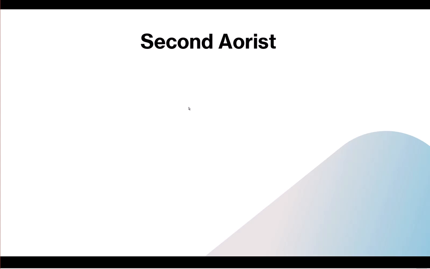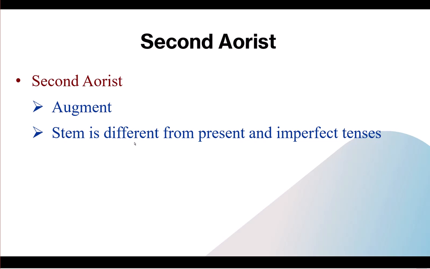Now, the second aorist has a number of properties. First, it has an augment like all of the secondary tenses, but the stem is different from the present and imperfect tense stems. So we noted last time that the present and the imperfect will have the same stem. For second aorists, the stem is different.